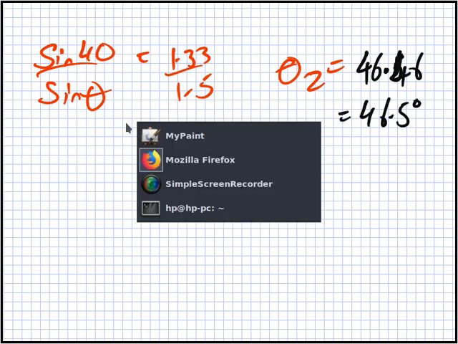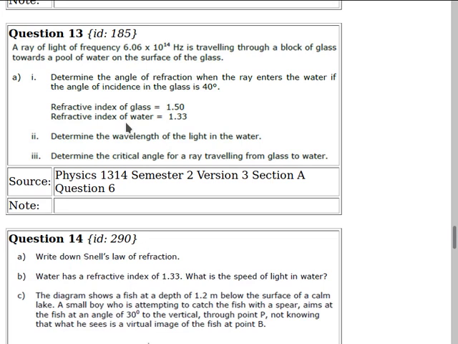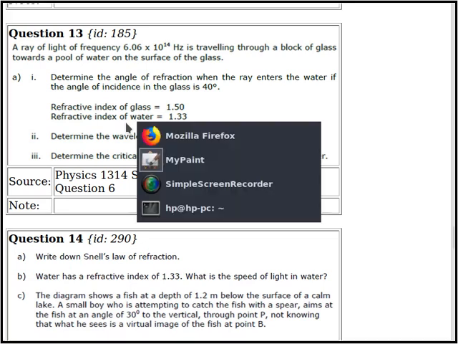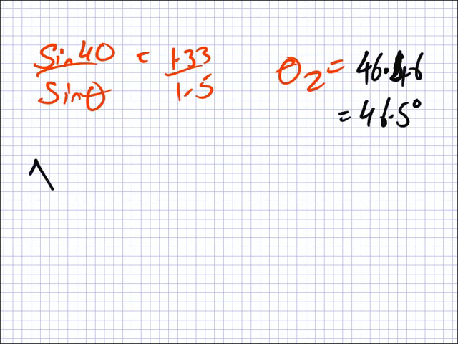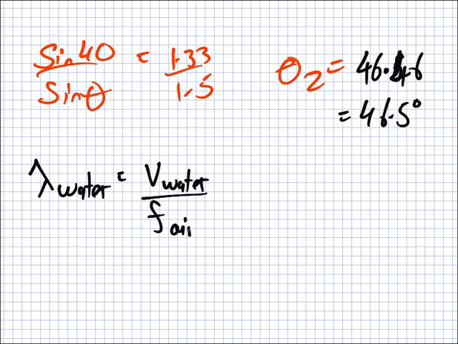Okay, what's the next part here? The wavelength in the water. So the wavelength in the water will equal V in the water over the frequency in the water. But the frequency in the water is the same as the frequency in the air.